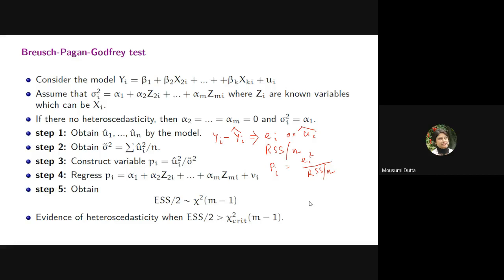For the test using the explained sum of squares, keep this point in mind: if the variables cannot explain pi, there is homoscedasticity. However, if the variables can explain pi, there is heteroscedasticity. Keeping this in mind, we are bringing ESS here rather than RSS.